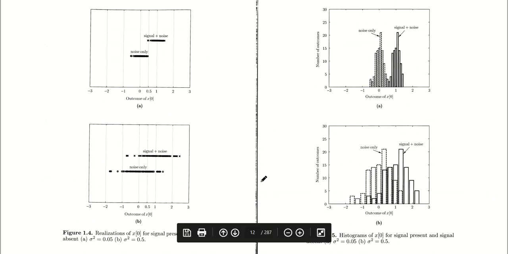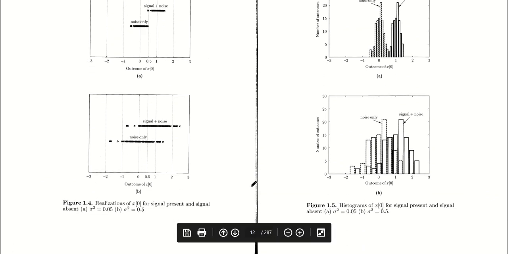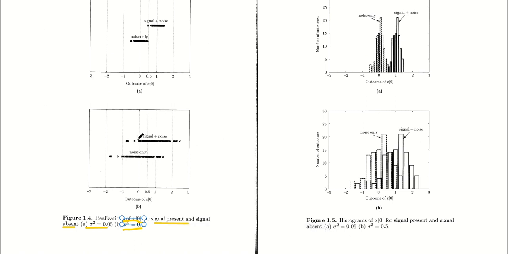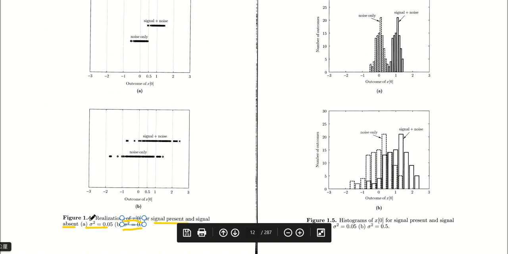Realizations of x0 for signal present and signal absent for this sigma square. If you have a noise that has a variance, it's going to deviate a bit, right?